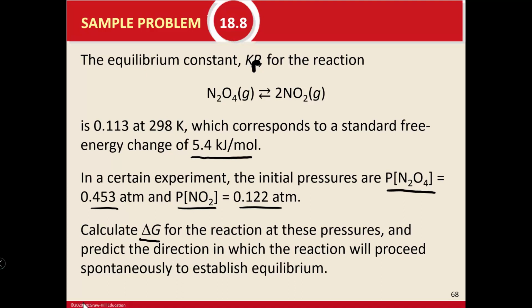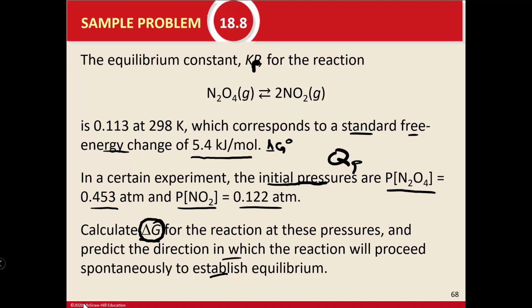All right, so let's dissect the problem. This is what they're asking you to calculate, and from this calculation, they want you to answer this question. So you got to organize your data. These are initial pressures, so that's telling me I'm going to be dealing with Q here. This is standard free energy change, so that means this is delta G naught for this reaction.